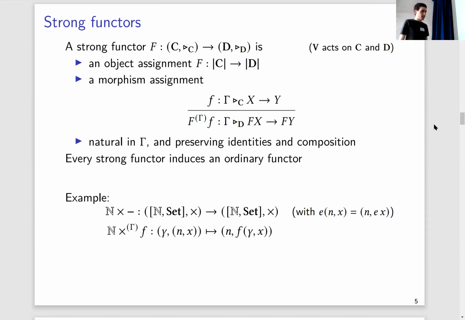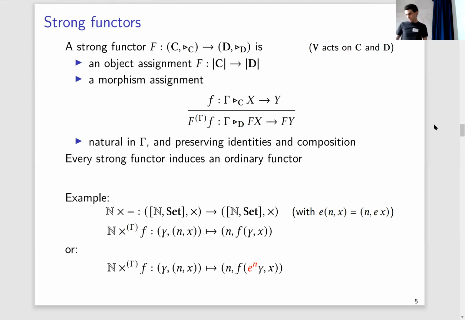But we can also do something else, which is actually apply E a bunch of times to gamma. So we can use E to the n of gamma instead of just gamma. And the point is, this is still a perfectly good strong functor. And the ordinary functors we get from these two are exactly the same. They're just the ordinary functor that takes products with natural numbers.